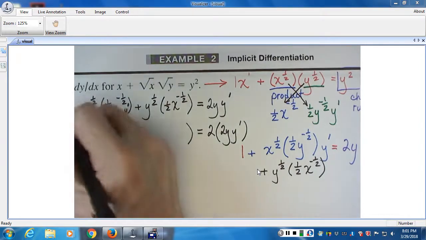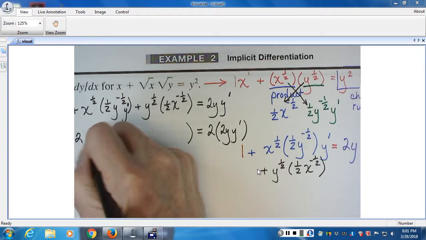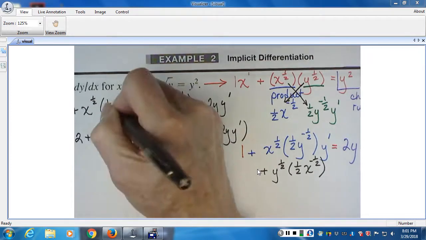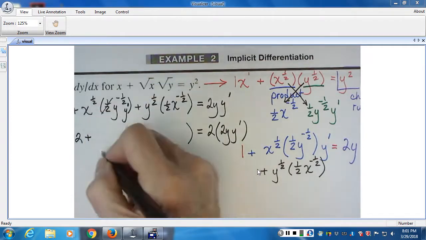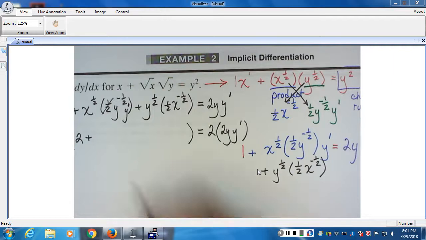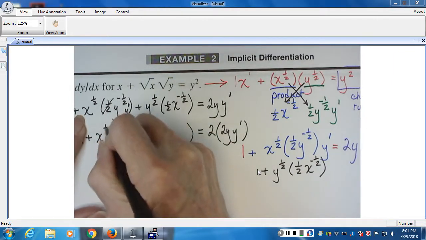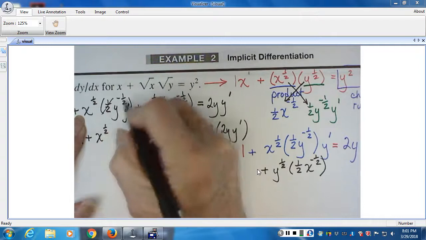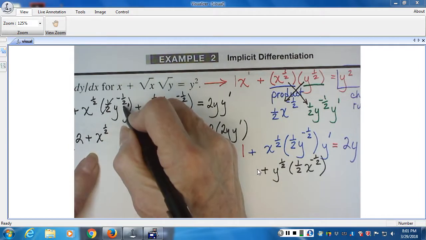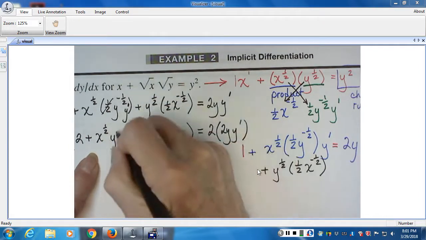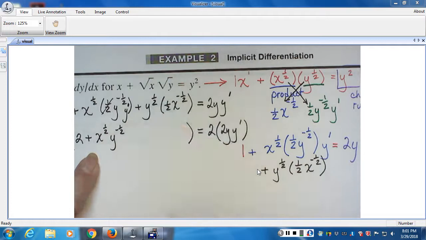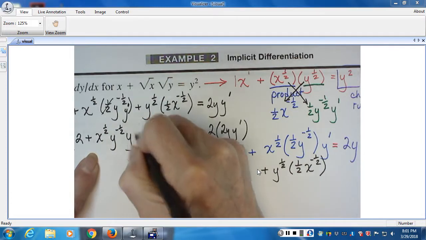So if I multiply 2 times 1, I get 2. And 2 times 1/2 will turn into 1, which means then I have x to the 1/2 power. And since that y to the 1/2 power is negative, it doesn't matter. I'll just bring it on down and write y to the negative 1/2 power. And then I got a y prime.